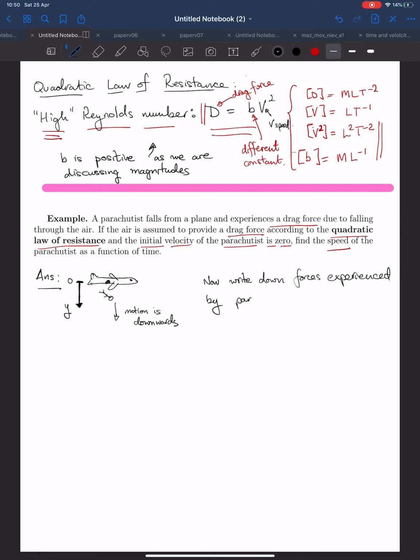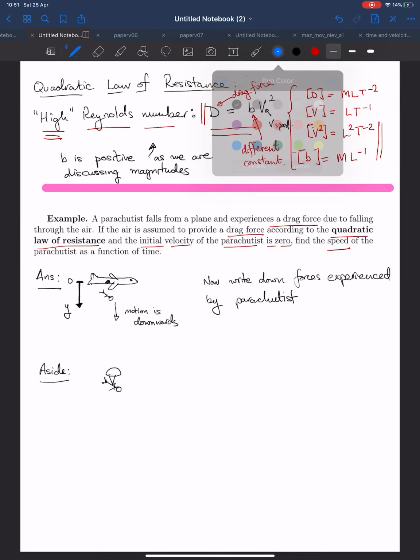Now remember, these forces have to be written in terms of vectors. That's what Newton's equation of motion is asking you for. What's the vector that describes the force acting? So we have a little aside diagram that we'll do this with. Here's our parachutist. Of course, before he didn't have the parachute. Now he's got a parachute.